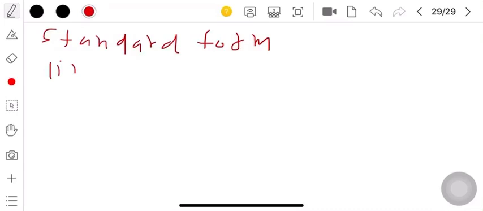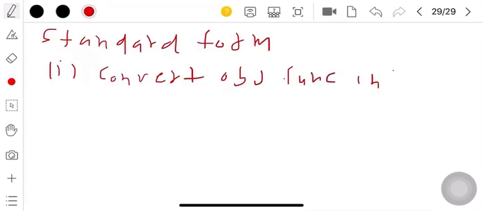So convert the objective function into maximization type if it is minimization type, otherwise there is no need.